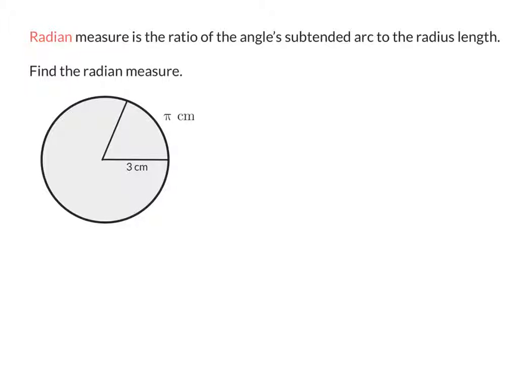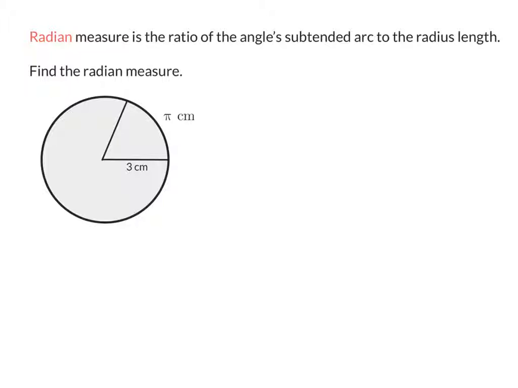Hello. In this video, we're going to be talking about radian measure. The radian measure of an angle is the ratio or fraction between the angle's subtended arc compared to the radius length.